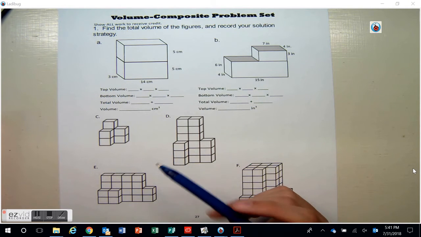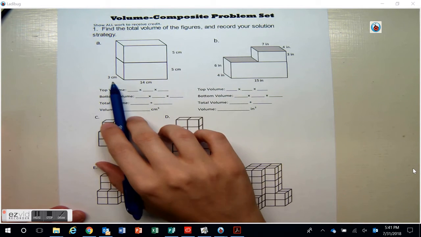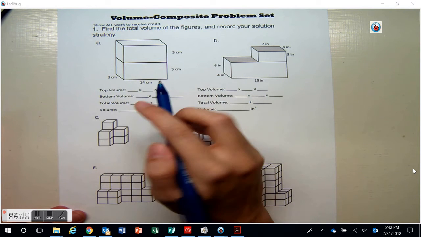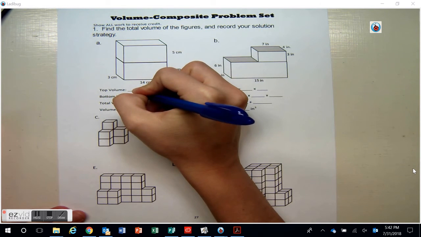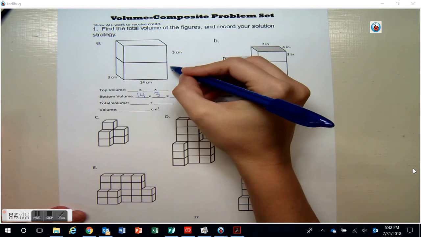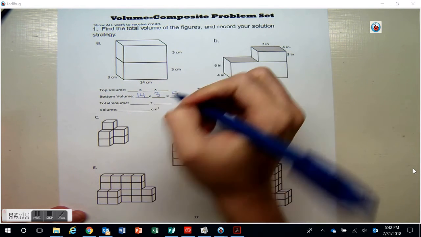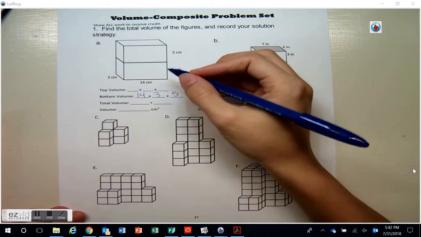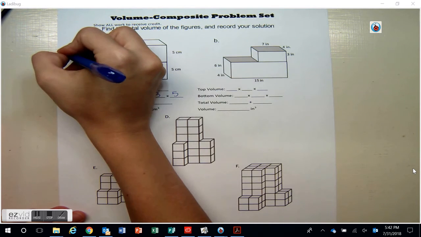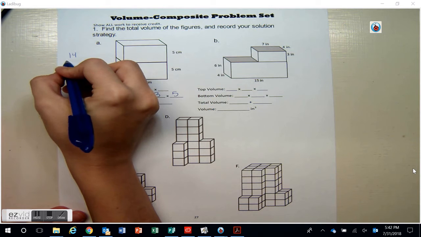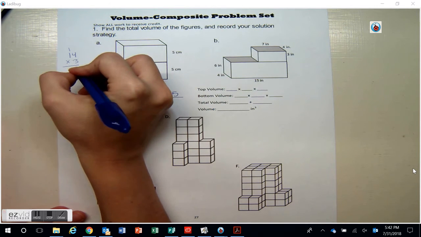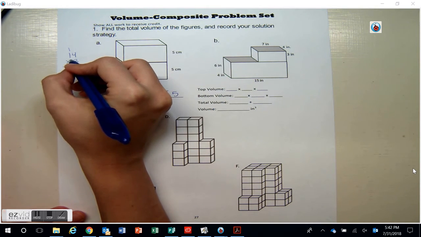So if I'm looking, let's go with the bottom volume because it's given to me here. I have a length of 14, a width of 3, and a height of 5. Okie dokie. So I'm going to do 14 times 3, because I don't know that off the top of my head. 3 times 4 is 12. 3 times 1 is 3, plus 1 is 4.